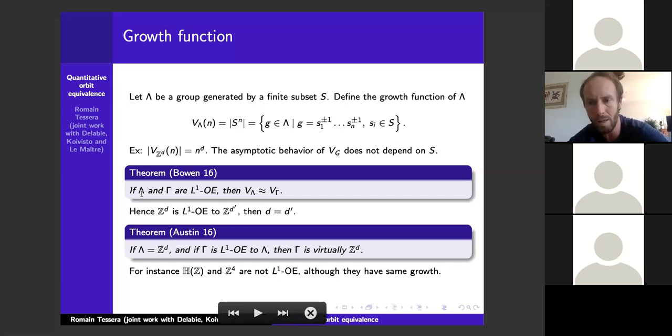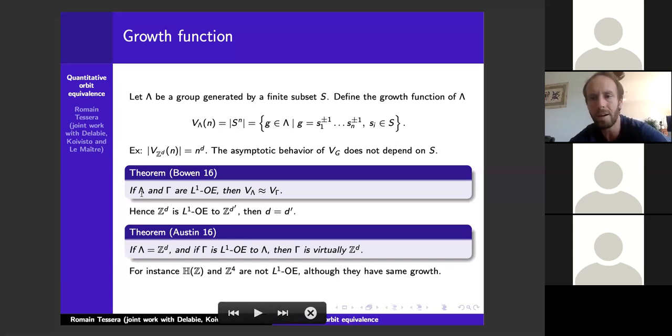But this becomes really false as soon as you leave this world of polynomially growing groups. For instance, most amenable groups are exponentially growing.